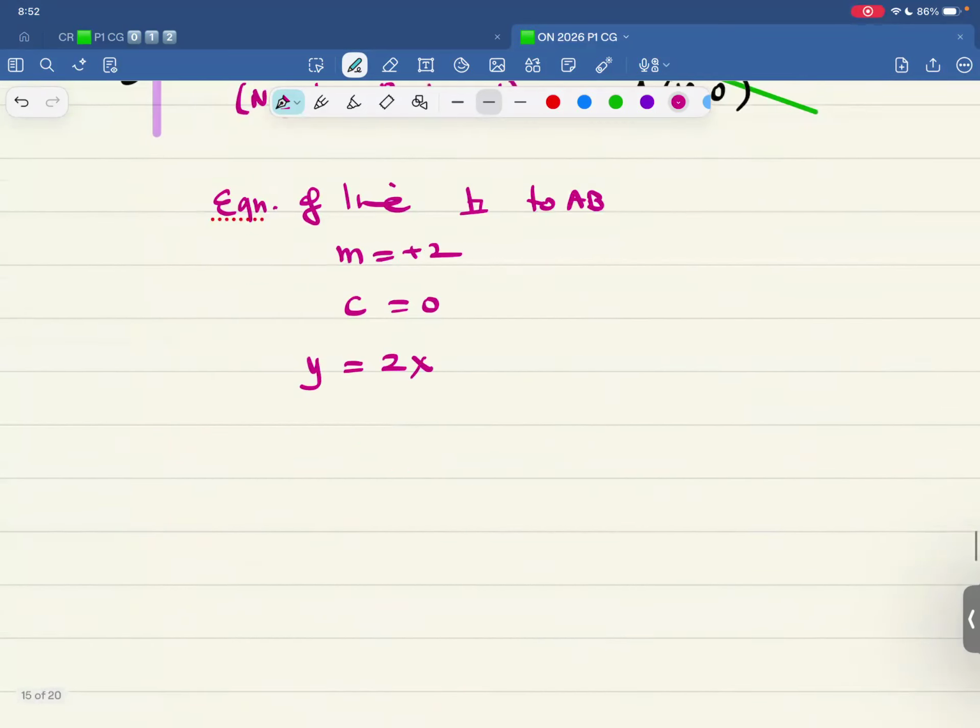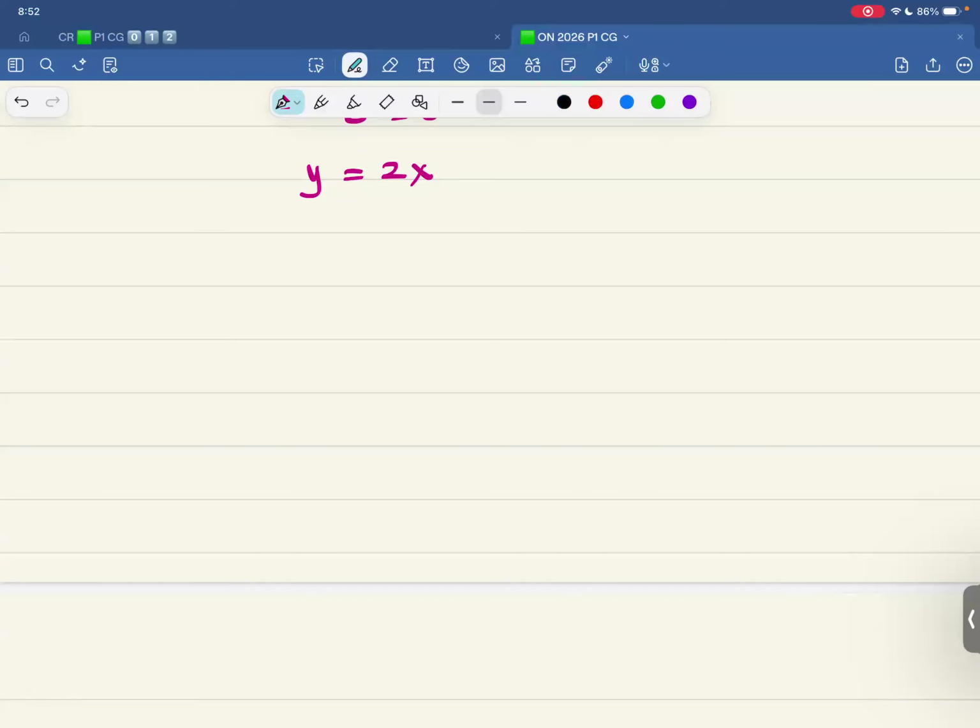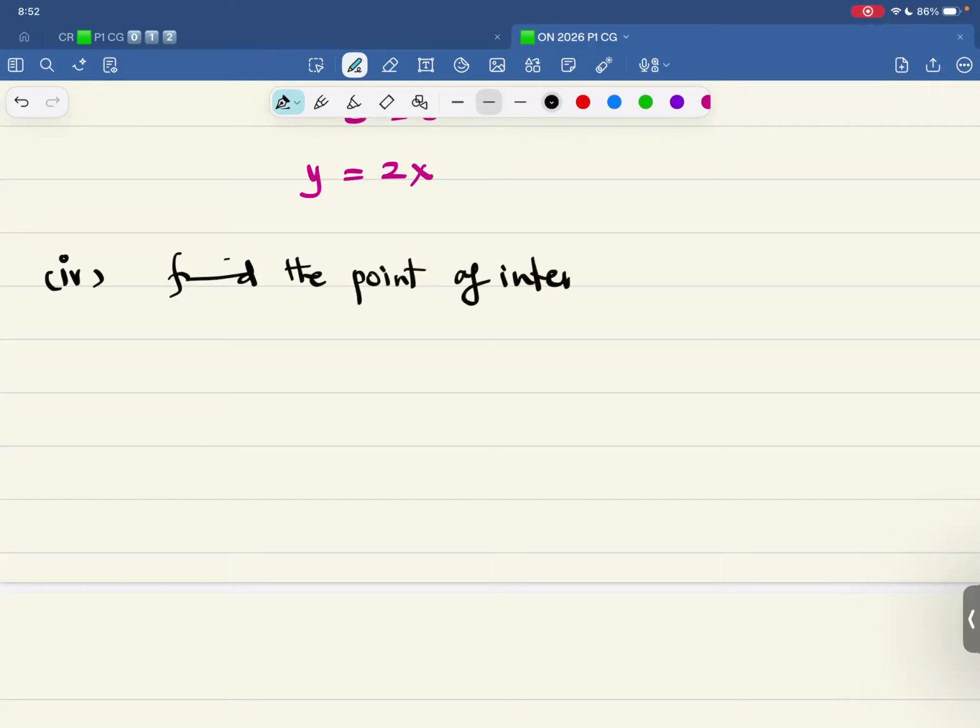Now let me add a fourth part. Part 4: find the point of intersection of the two lines.